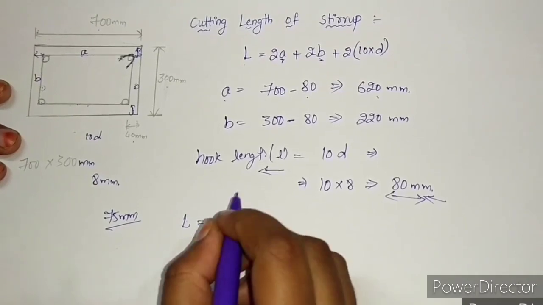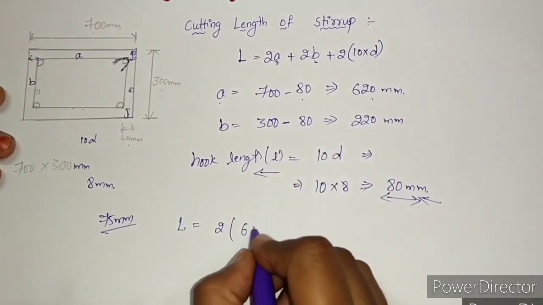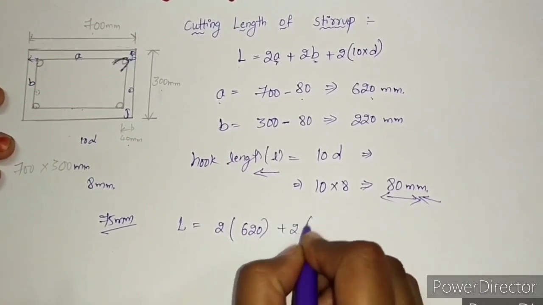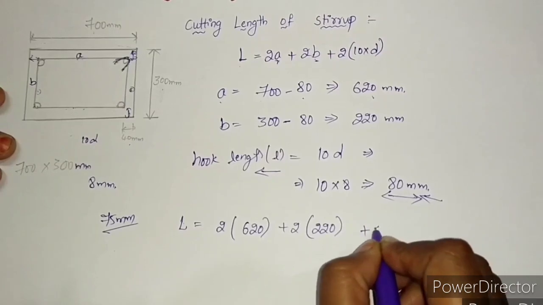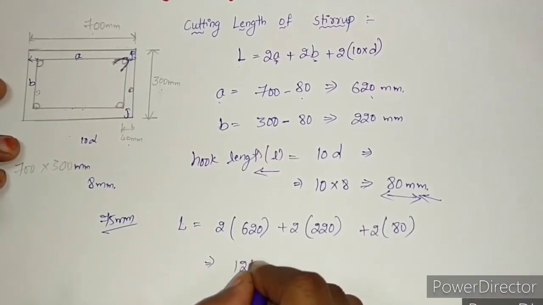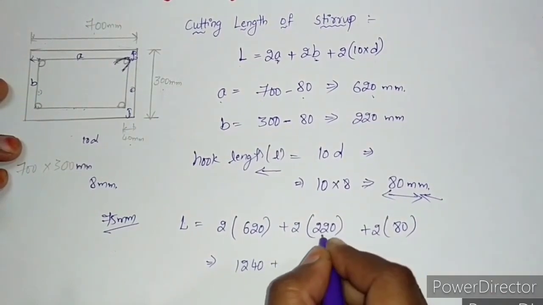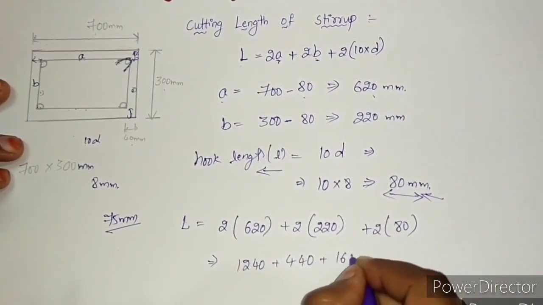Substituting the values we will get the cutting length of the stirrup. 2 into small a value, 620, plus 2 into small b value, 220, plus 2 into hook length, 80. We get 1240 plus 2 into 220 is 440, plus 2 into 80 is 160.